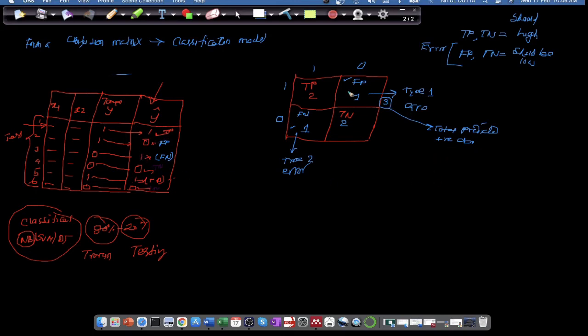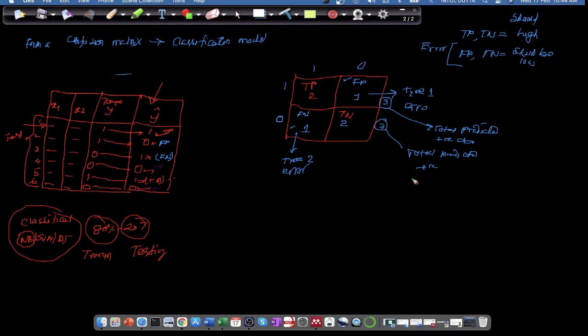Similarly, 2 plus 1 equals 3. These three represent the total predicted negative, 1, 2 and 3.